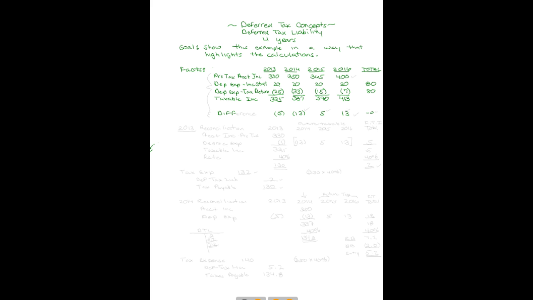If you do the math on that, a negative 5, a negative 13, a positive 5, a positive 13, there is no difference. So you could truly say we know that it's going to be a temporary difference.